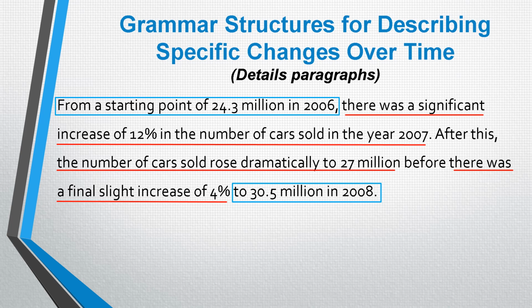We've also added the words after this and before. So they are typical linking words or cohesive devices, and they join the sentences together naturally. So before we just had two sentences.